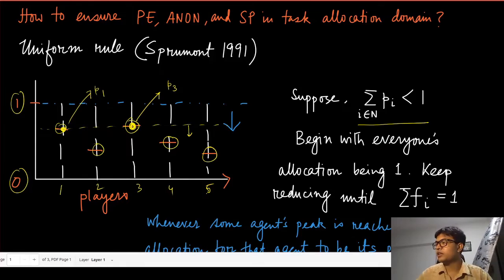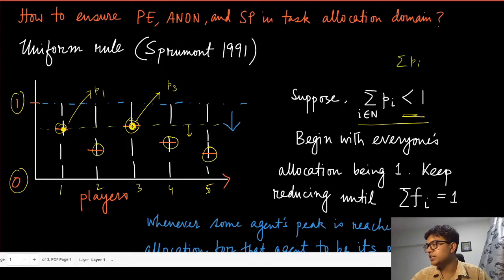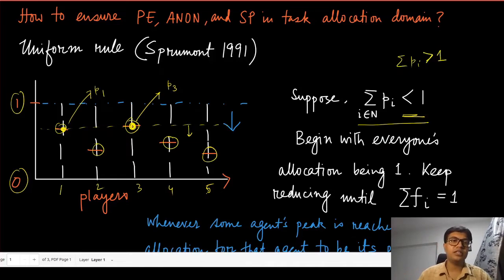Similarly, when the opposite situation is true, that is, the sum of these peaks is strictly greater than 1, that means the sum of the most favorite shares of the jobs is more than the total job itself. So therefore all the agents need to be underloaded. So that is when we look at the water level, but from the bottom it is uniformly going upwards.